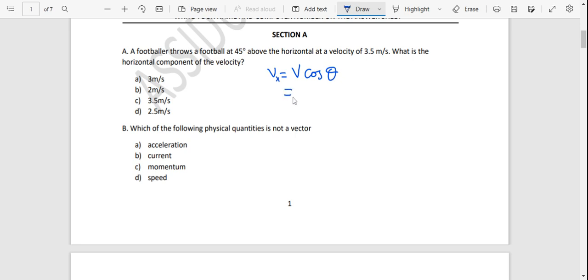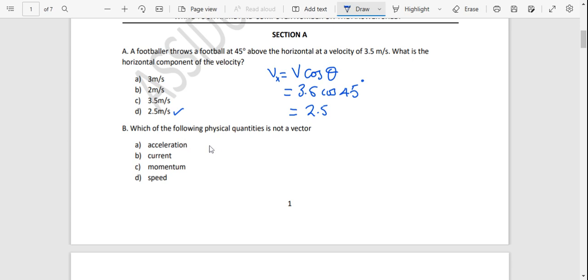The velocity is 3.5, and the angle theta here is 45. So 3.5 cos 45 is going to be 2.5. That's the horizontal component, or the x component.